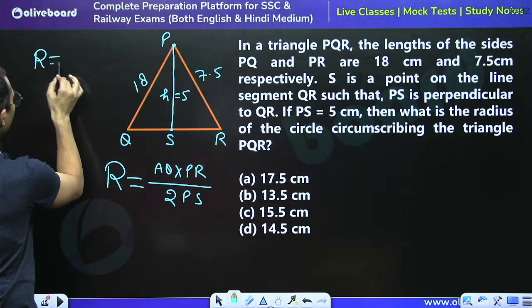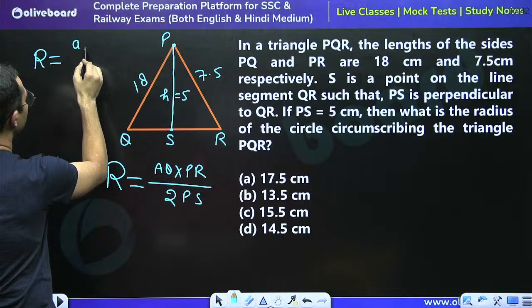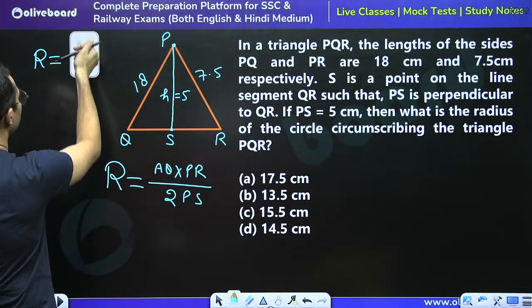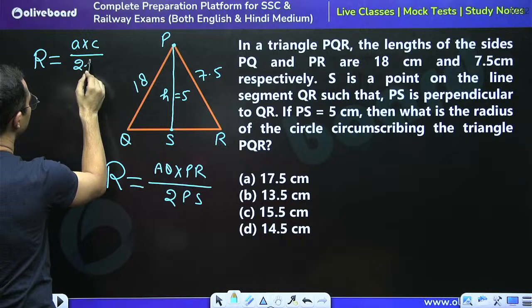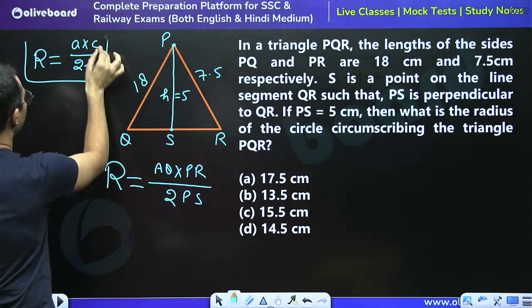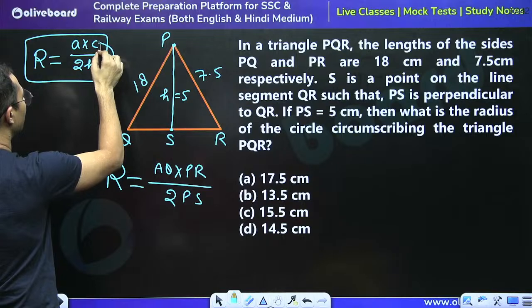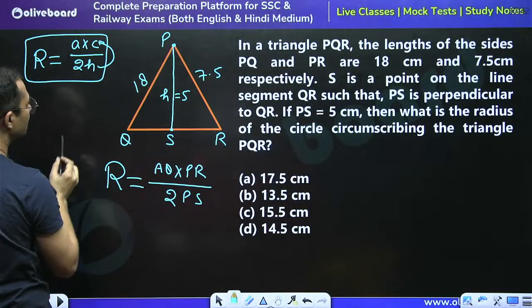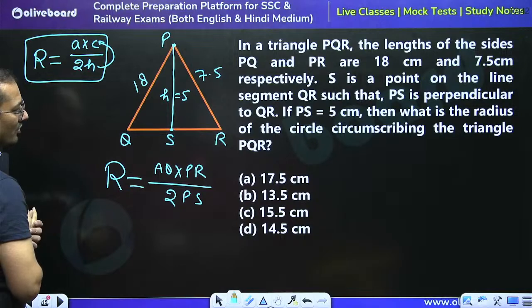This is the formula of circumradius: A into C divided by 2H. You must remember that this height must be drawn from the vertex from which A and C are coming. Got the point?